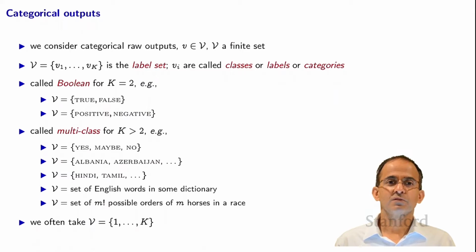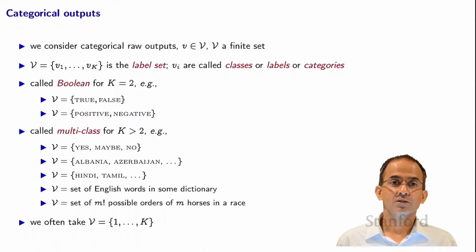Now the set script V, its elements are denoted v1 through v capital K, is called the label set. It's the set of possible values of v. The vi are called the classes or the labels or the categories.